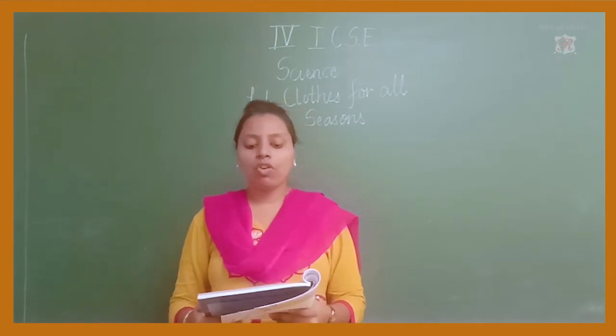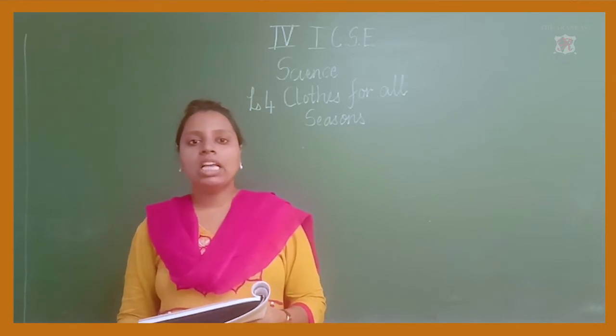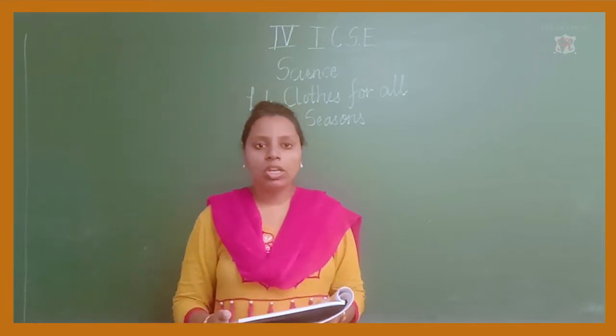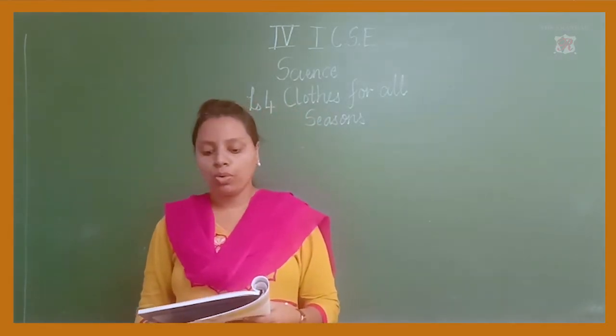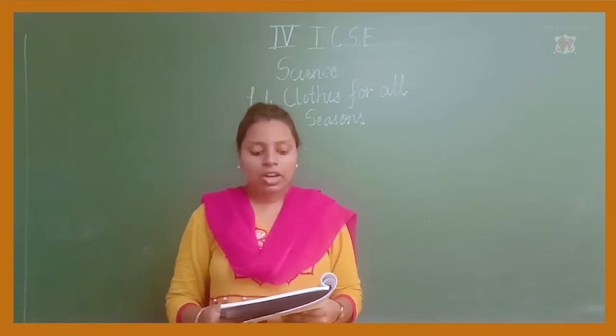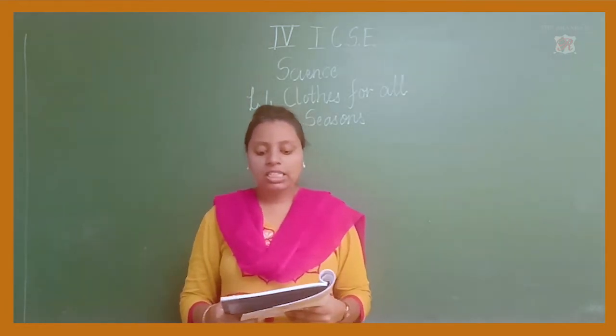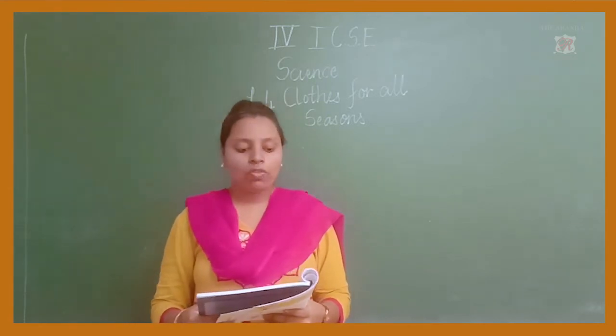We get cotton from the cotton plant. Now I want to tell that in this valley, during the Indus civilization, cotton was the first crop grown over there. Wool comes from the hair of a sheep and camel and some other animals, and silk from the cocoon of a silkworm.